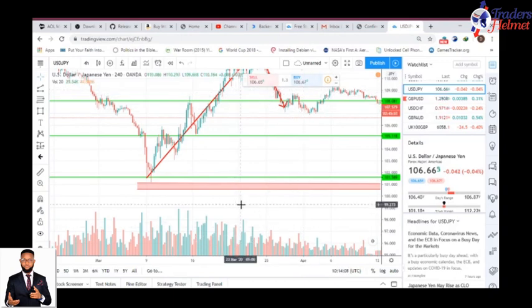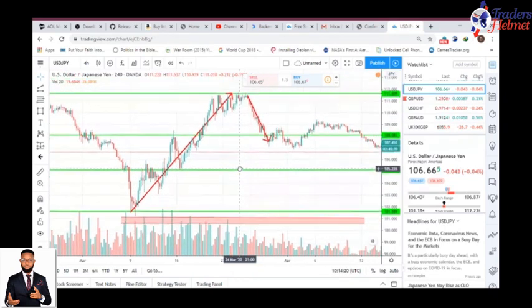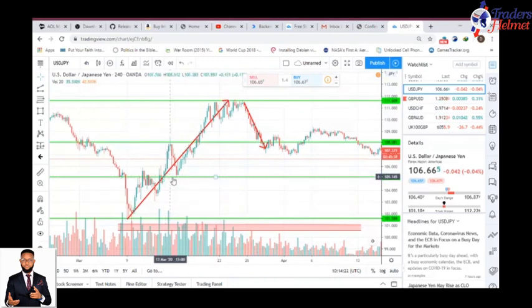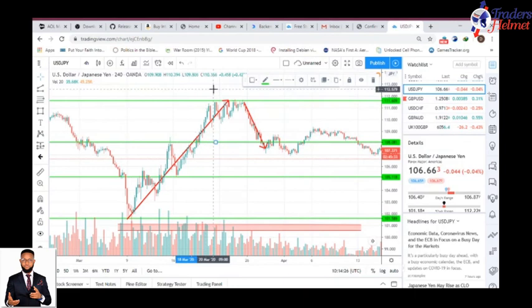So this is your entry price, your stop loss below, and then you can have your first take profit on the first horizontal, your second take profit here, and then your third take profit up here. So basically that is how to buy low and also sell high.